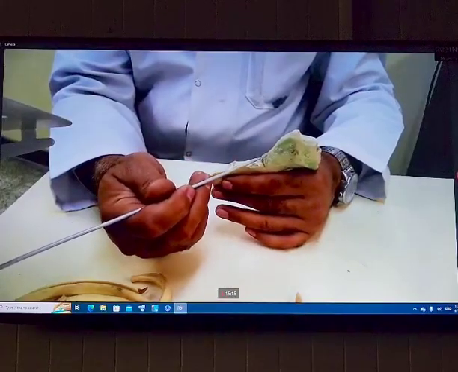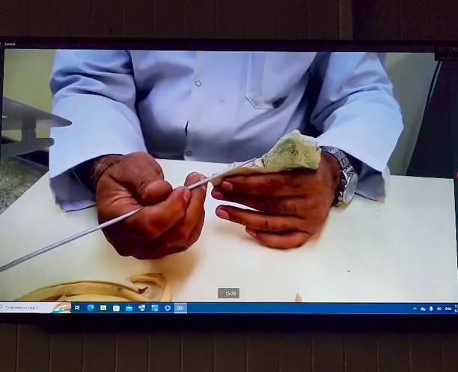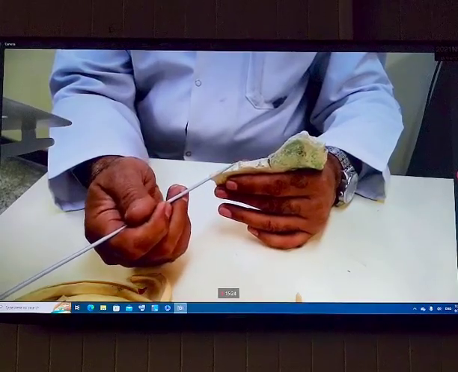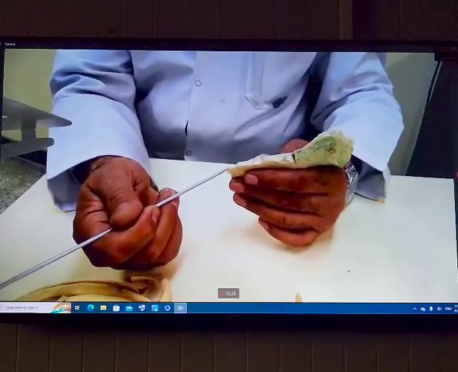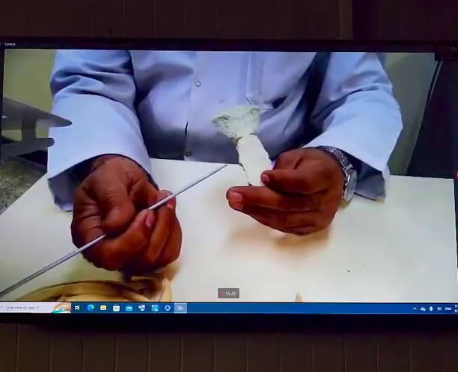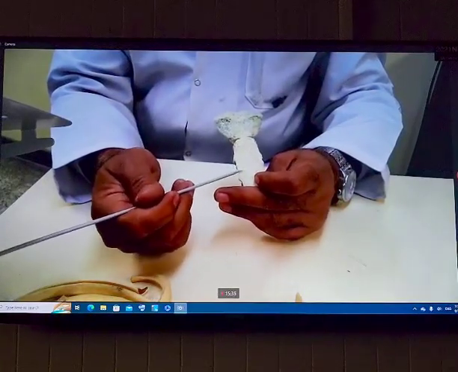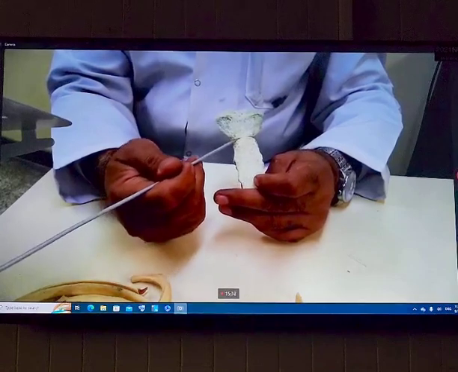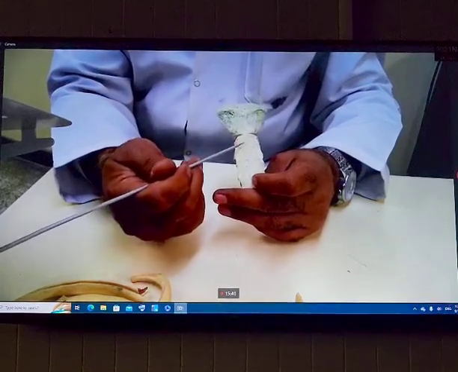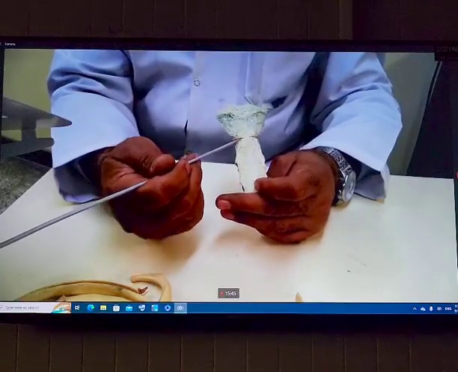The facet for the second costal cartilage would be at the manubriosternal joint. And this is a facet for the third, fourth, fifth, sixth, and seventh. You can see that the body of the sternum shows transverse ridges that indicate that this body of the sternum, originally in the embryo, is made of many small pieces of cartilage that ossify later on.